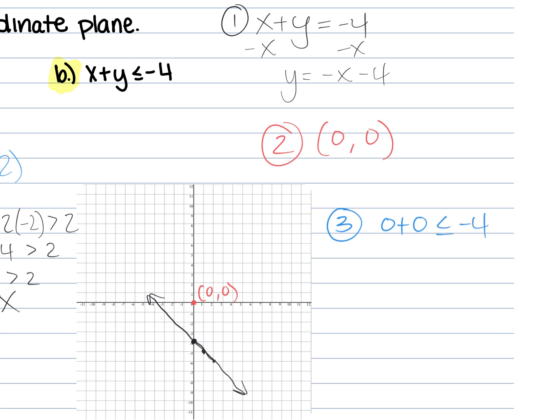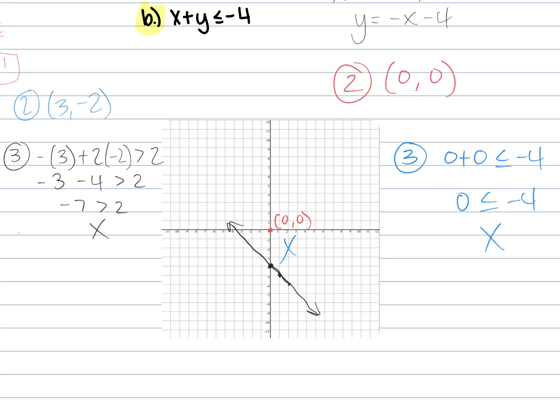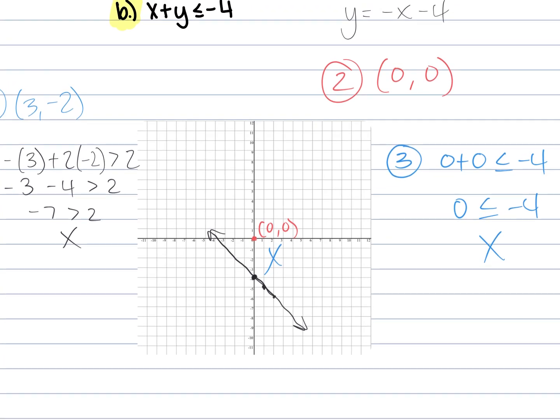Beautiful. Nick, is 0 less than or equal to -4? No. -4 is smaller. So if that doesn't work, Gabriel, which side do I shade? The top, or the right side of it. This side? Mm-hmm.